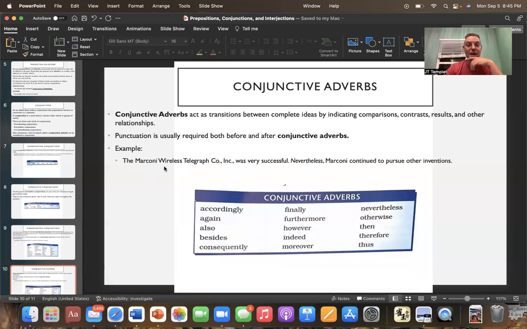So for instance, the Marconi Wireless Telegraph Company Incorporated was very successful. Nevertheless, right, it's connecting these two ideas. Marconi continued to pursue other inventions. So it's saying, nevertheless, this was successful, Marconi still worked.